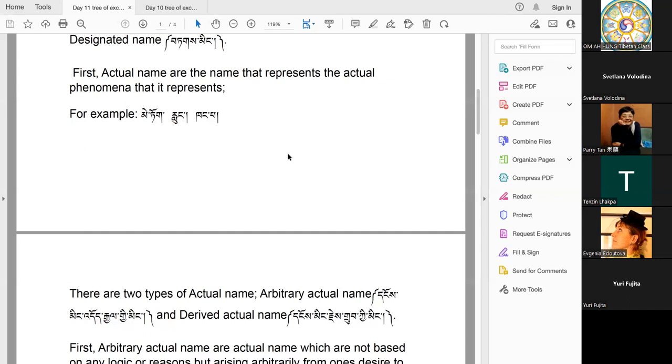And those who aren't able to give the memorization test right now, we'll make sure that you give it to us later. But those who are able to give the test right now, please choose a number between 1 to 12.